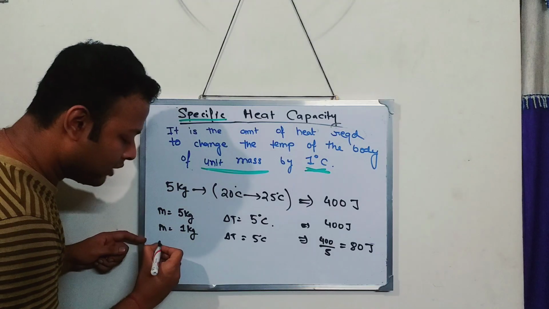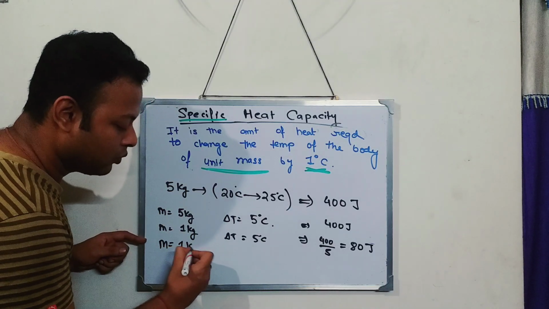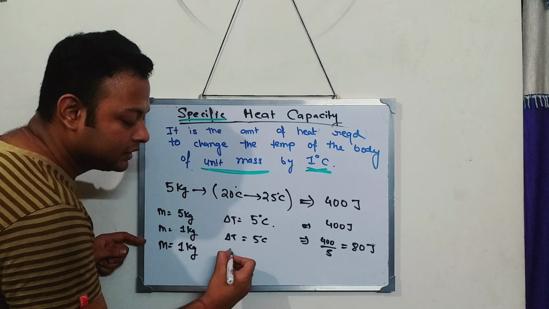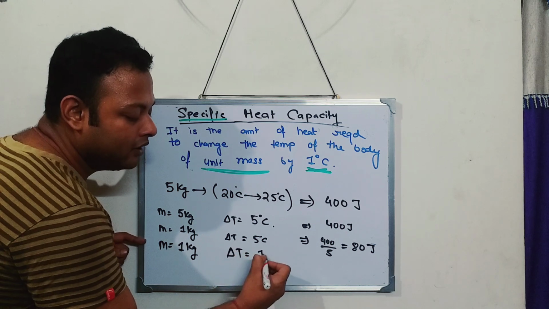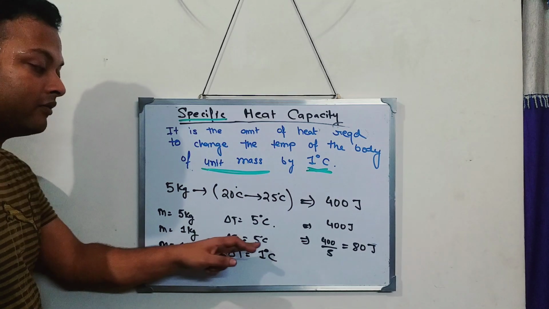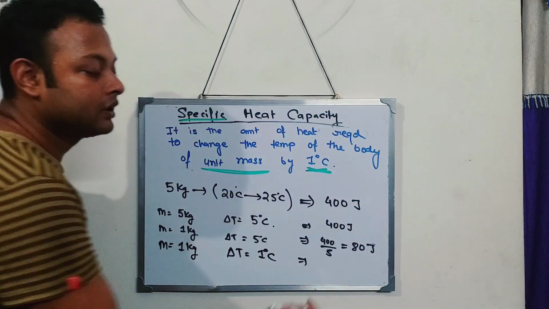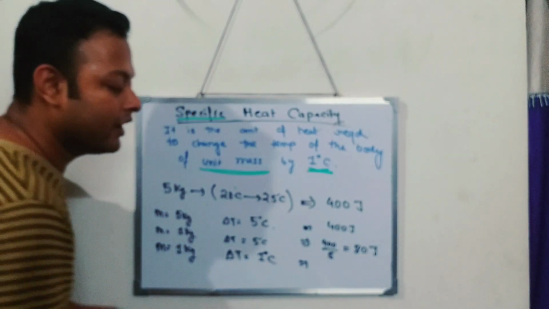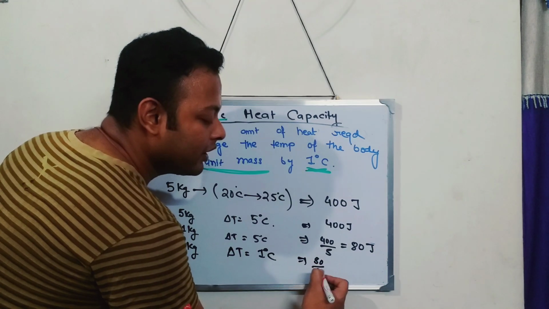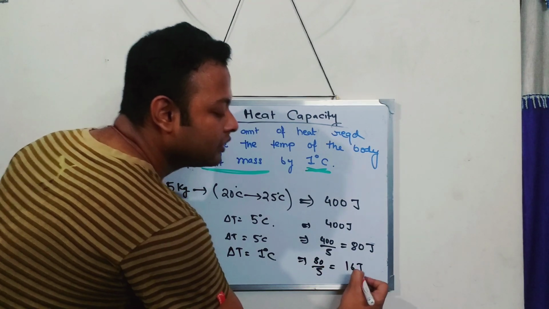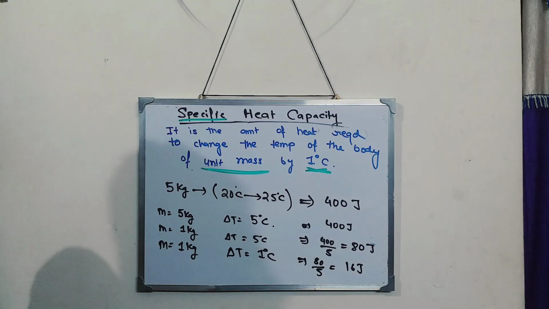Now think, a body of mass 1 kg changes the temperature by 1 degree centigrade, not 5 degrees centigrade, by 1 degree centigrade. Then the amount of heat required is how much? Again you divide 80 by 5, and that gives you 16 joule.